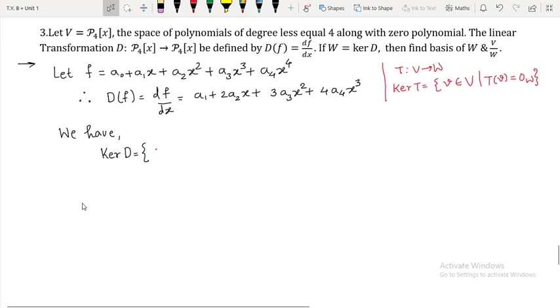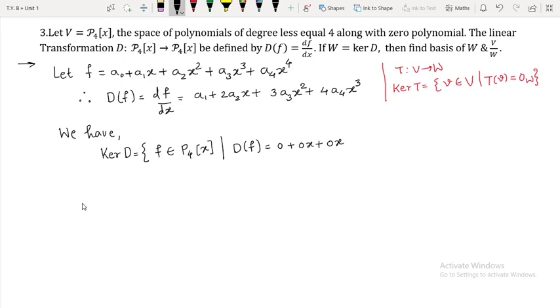So I will say it is a collection of f belonging to P4 of x such that D of f is mapped to 0 of P4 of x, which is 0 plus 0x plus 0x square plus 0x cube plus 0x raised to 4.